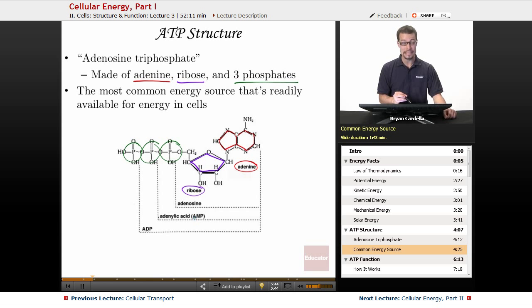ADP, adenosine diphosphate, would be if we didn't have this third one. If we just had these two phosphates attached here, that's ADP. You'll see more about that in the next few slides. And then finally, the whole molecule is ATP. The whole way it works is the breaking of this bond, the third phosphate leaving and being put back on, and leaving and being put back on, and that powers the majority of work in cells.